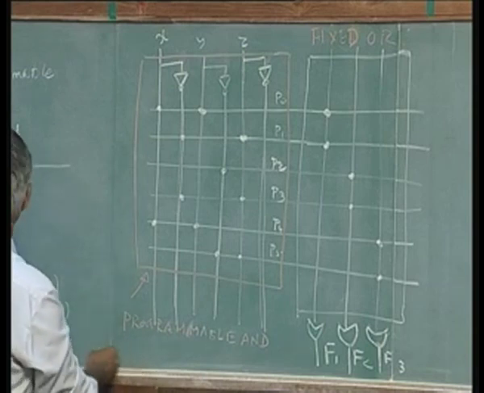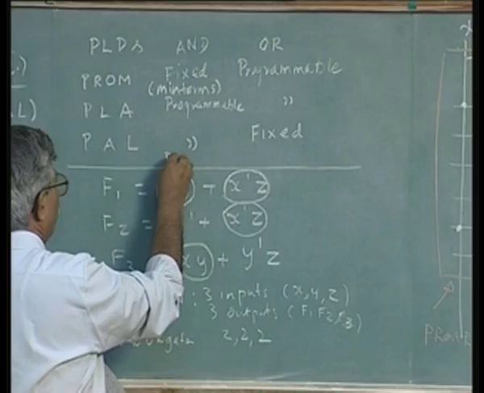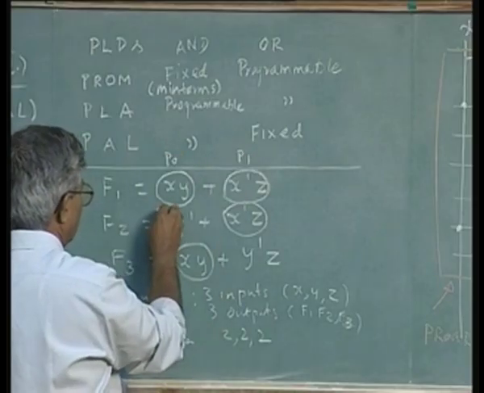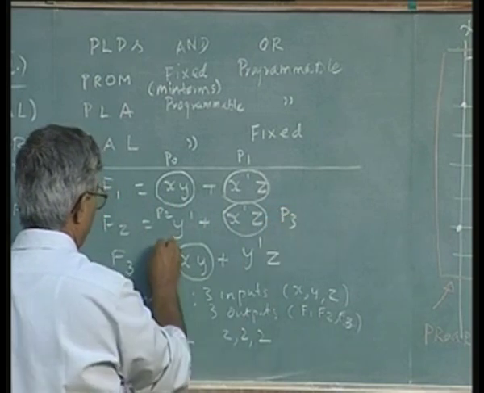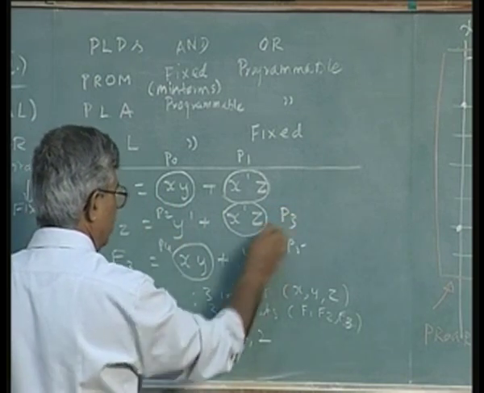So identify this as P0, P1, P2, P3, P4, P5. Each term has to be generated.